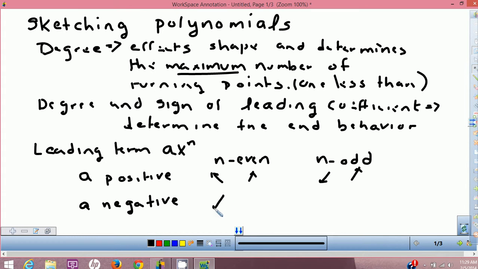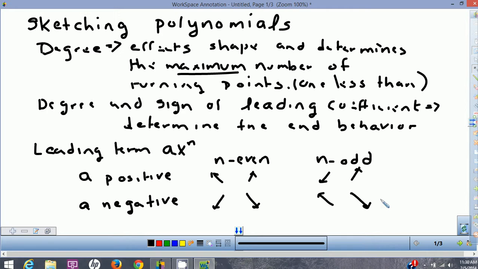Both ends approach negative infinity. They go down. So if n is even, a is negative, it goes down on both ends. If n is odd and a is negative, well, that's not exactly what it's going to do. As it goes from left to right, it's going to go up as you go to the left-hand side, and it's going to go down as you go to the right-hand side.